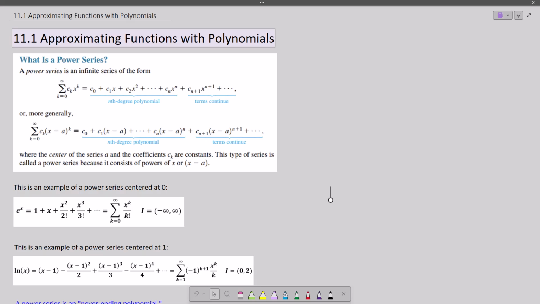So a power series is an infinite polynomial. I'm using the term polynomial in quotes, because a polynomial has a leading term, leading coefficient, leading highest exponent. But this has no highest exponent, it goes forever. But it's a never-ending polynomial.